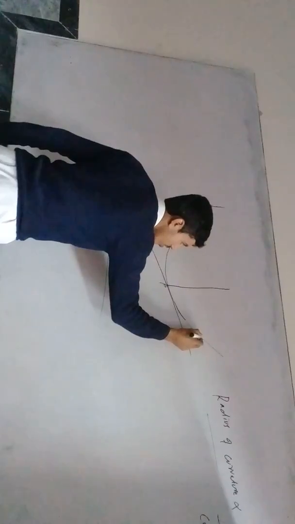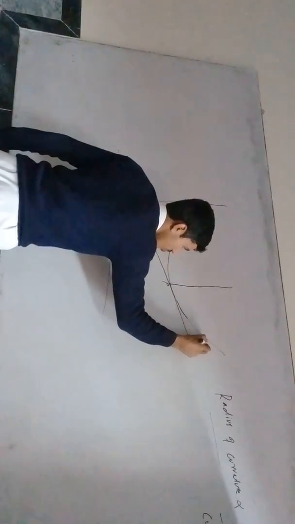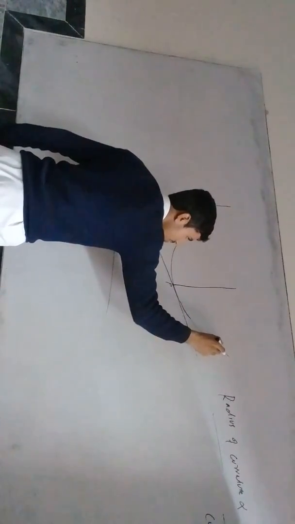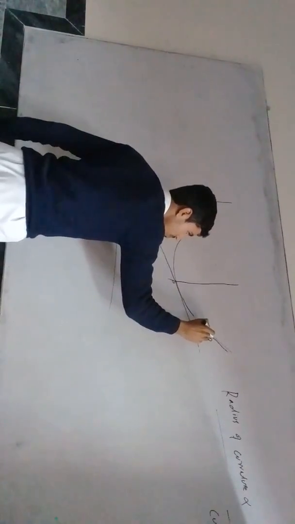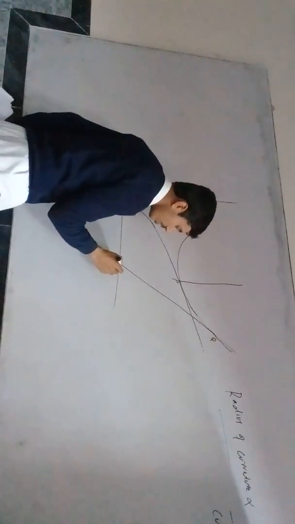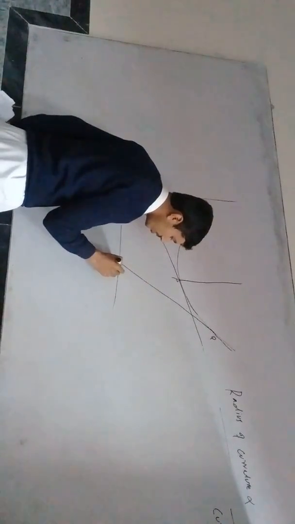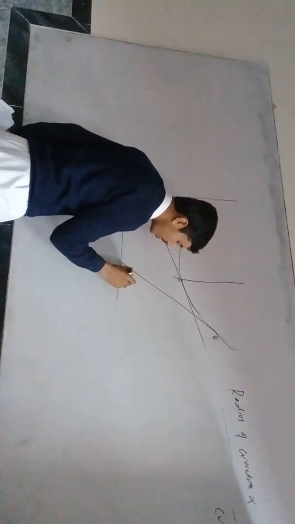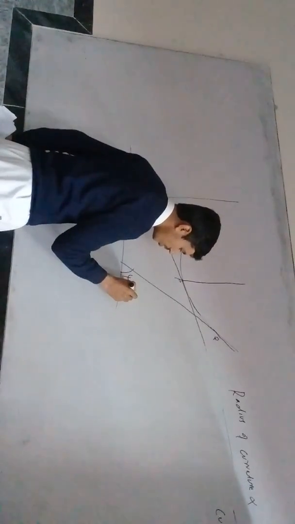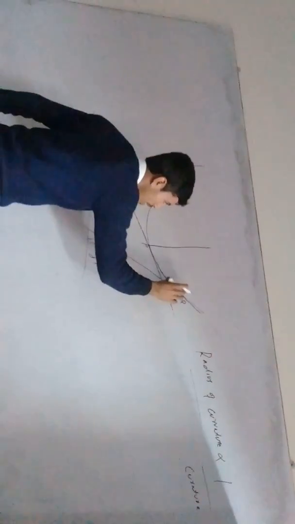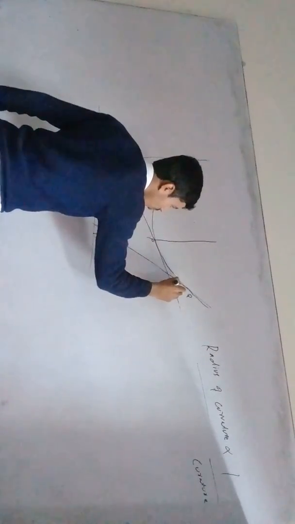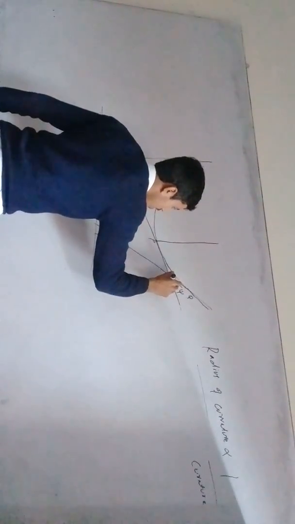Another neighboring point we take is Q. Draw another tangent line to this one. Here you will get with the x-axis the angle psi plus del psi, and the bending angle here we have is del psi.